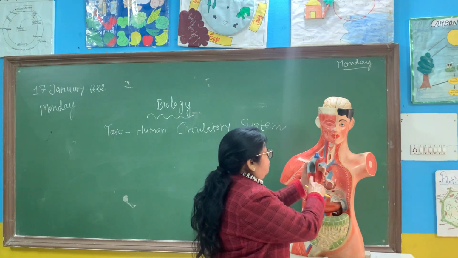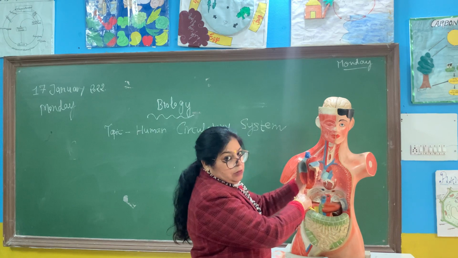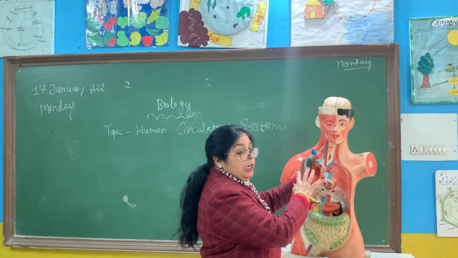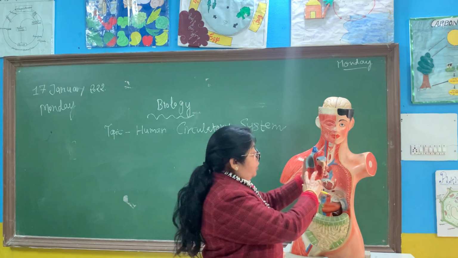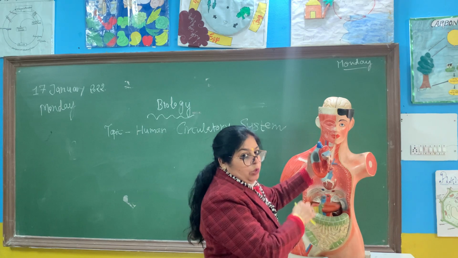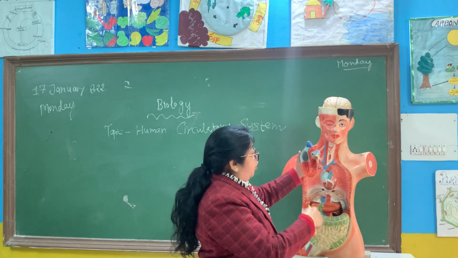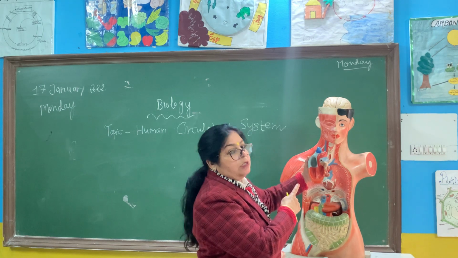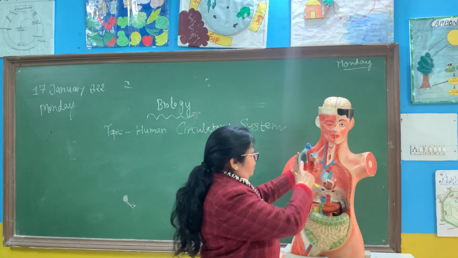So when the blood enters into the ventricles, whether the right ventricle or the left ventricle, the valve closes, because the blood coming into the right or the left ventricle has to go to the lungs for purification.